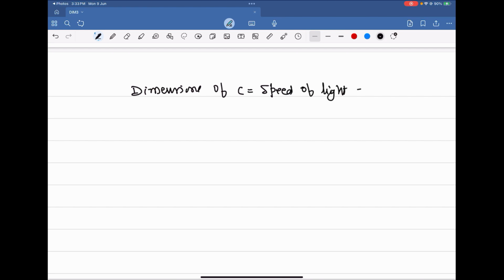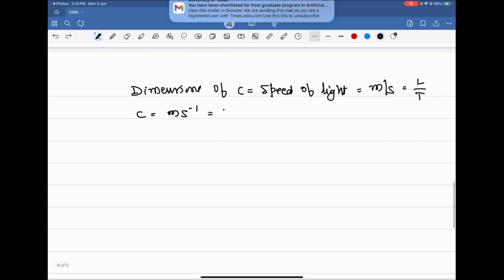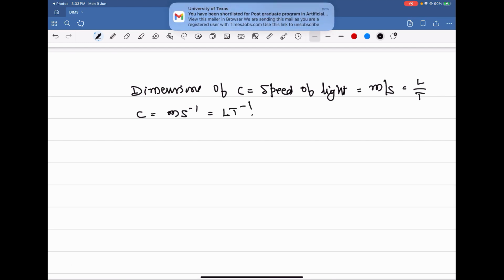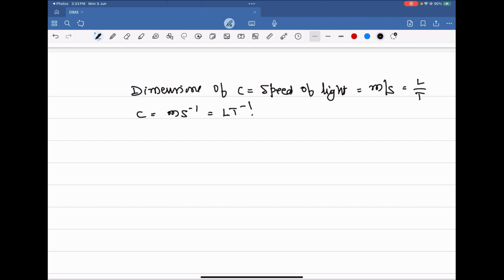Speed of light is measured in meters per second. That is L by T. That means the dimensions are meter per second, that is L into T to the power of minus 1. That is speed of light.